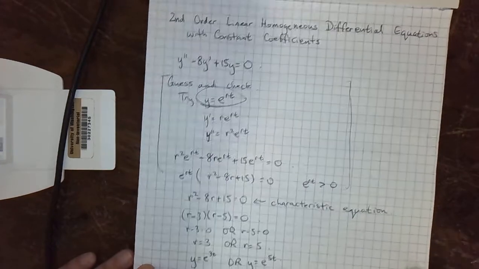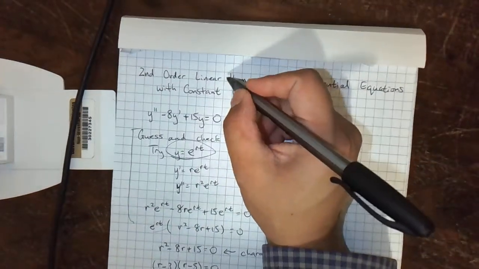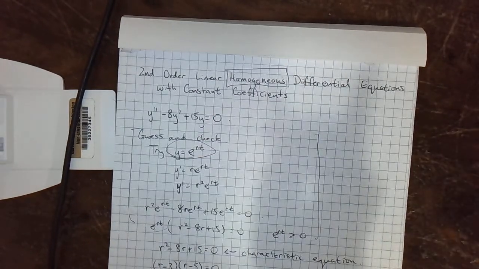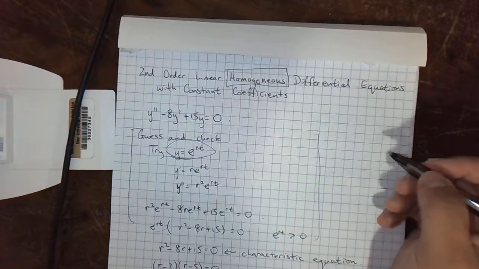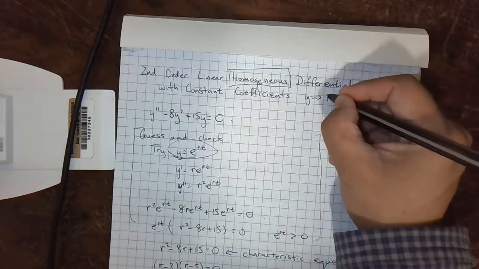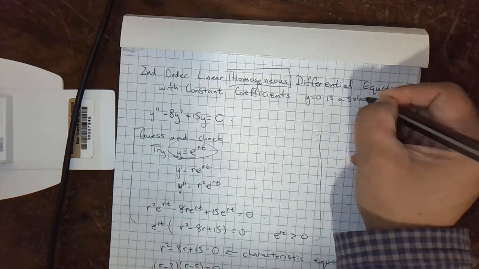Okay, we have not taken advantage of the fact that our differential equation is homogeneous. And we talked in the last lecture about how homogeneous meant y equals 0 is a solution. That was a good thing that homogeneous meant.